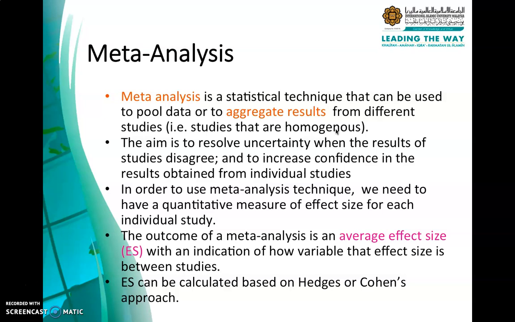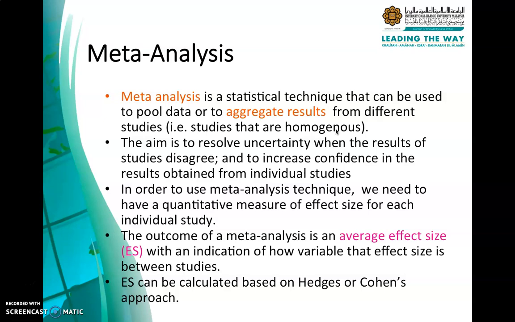So if there are 5 studies on translation application, all of these 5 are performing experiments, of course using different participants, but we can say these studies are homogeneous because they are talking about the same intervention or the same treatment, but using different subjects or participants. That is expected because they are probably conducting the studies at different locations.